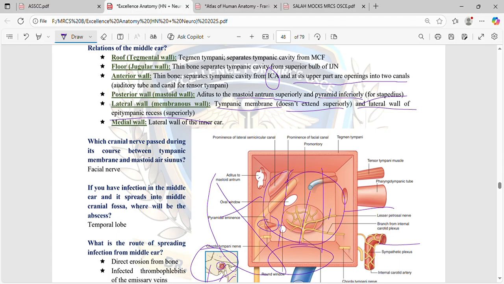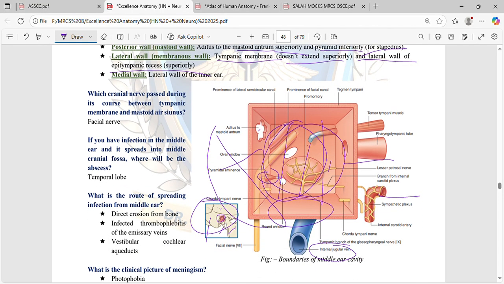The medial wall is formed by the lateral wall of the inner ear. Here we have the promontory, the oval window and the round window, and the tympanic plexus.